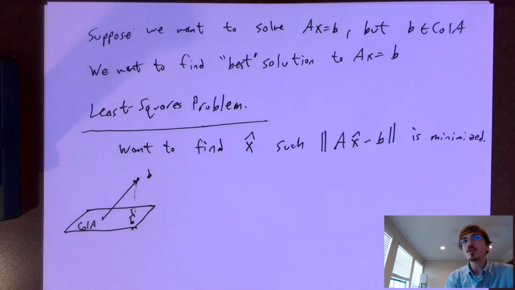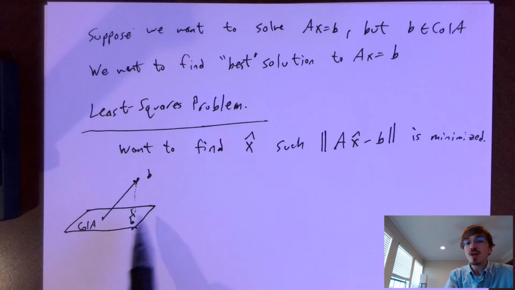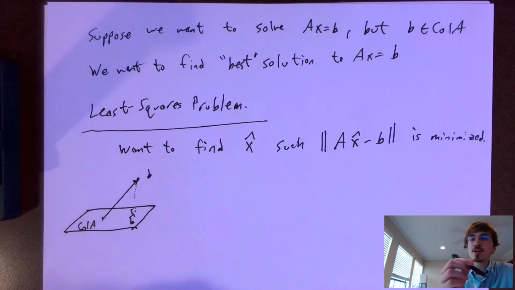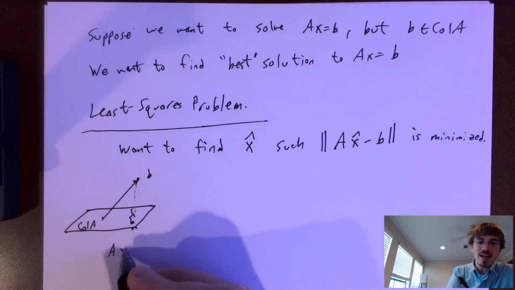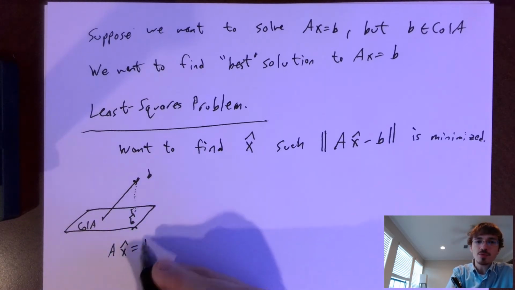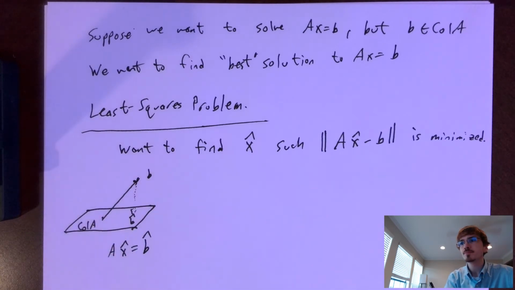So that means that there are coefficients such that a linear combination of the columns of the matrix A with those coefficients will get you b hat. So since b hat is in the column space, there will exist an x hat such that A x hat is equal to b hat.